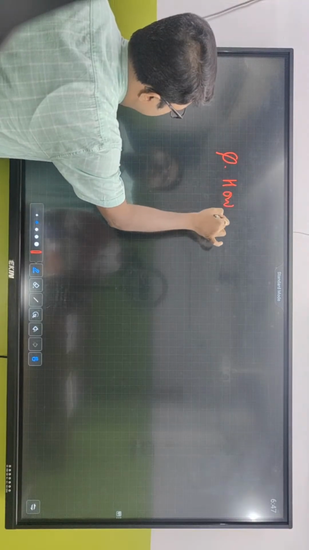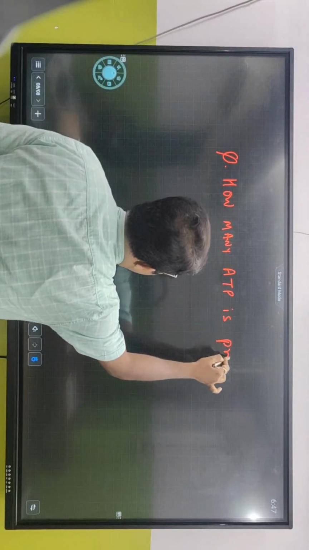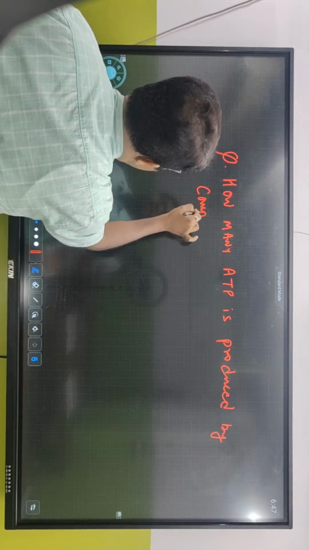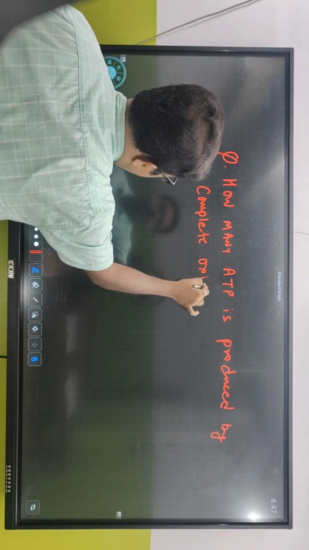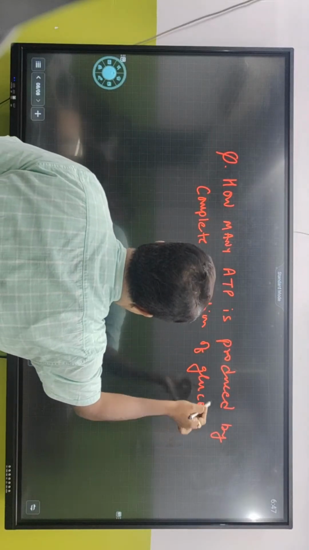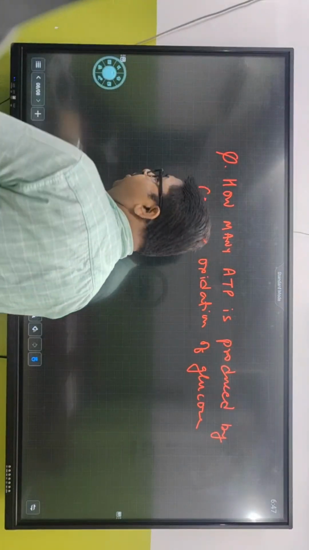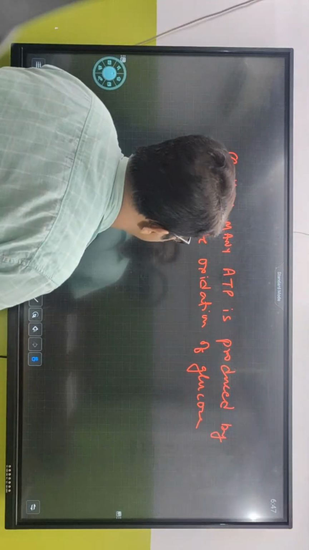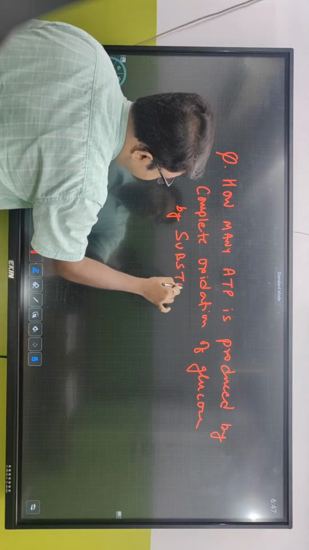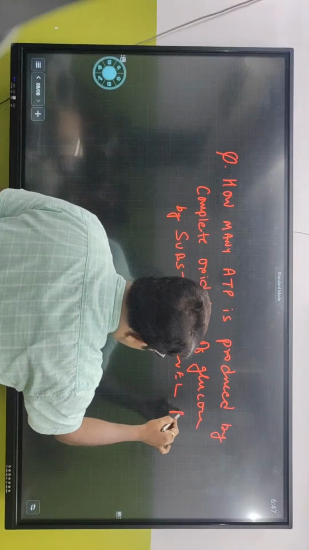How many ATP is produced by complete oxidation of glucose? Net production. Net, yes. GDP will go, and it is substrate level. Complete oxidation of glucose by substrate level phosphorylation, SLP.